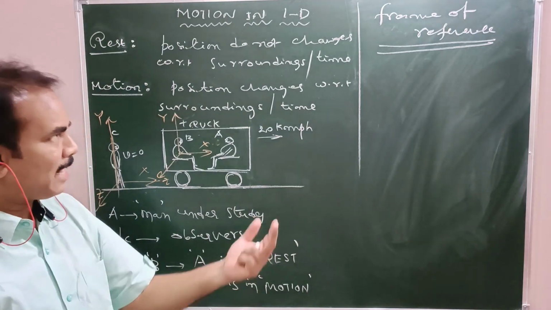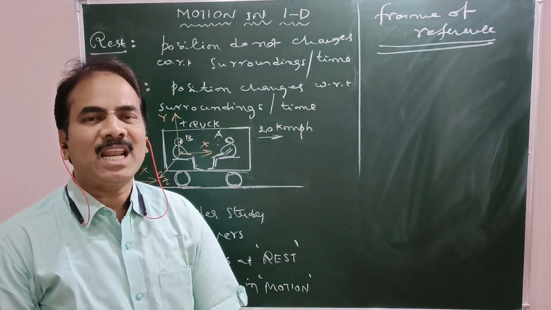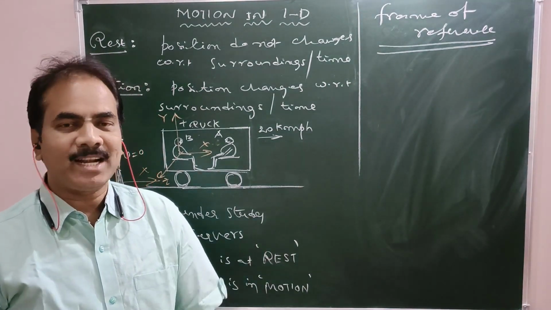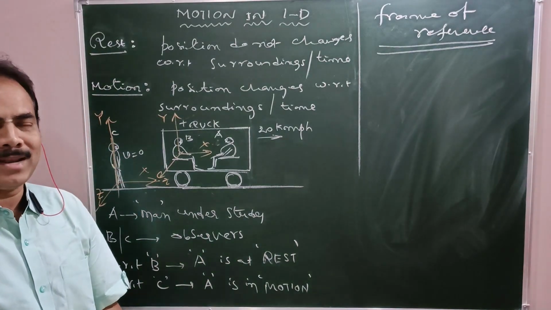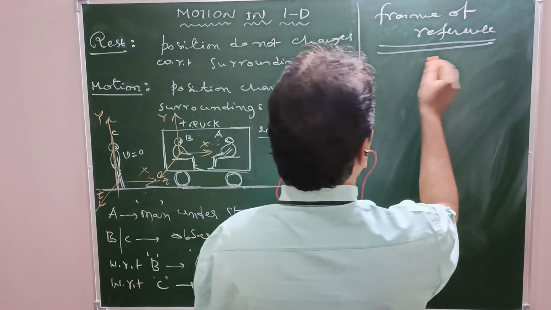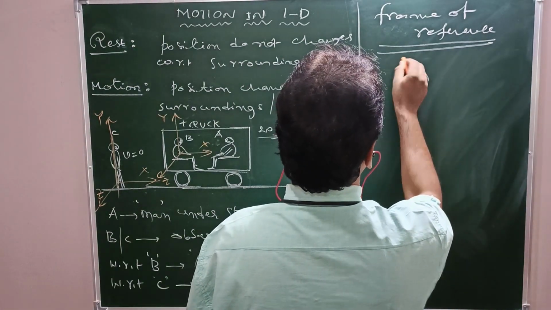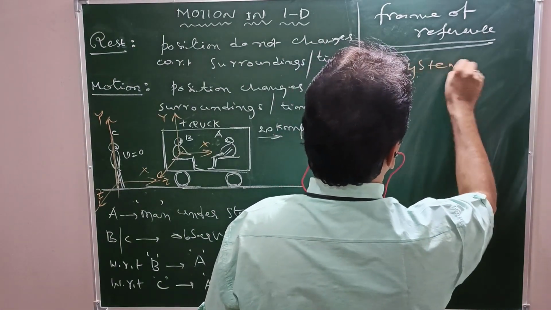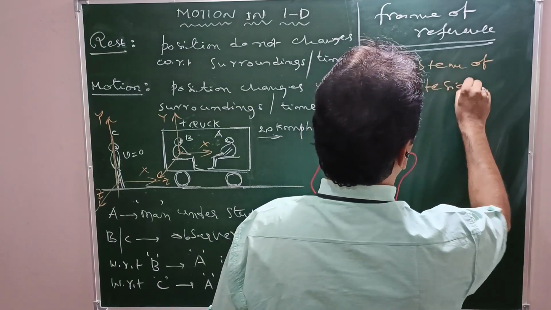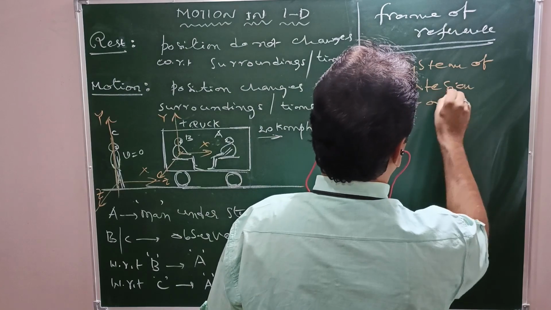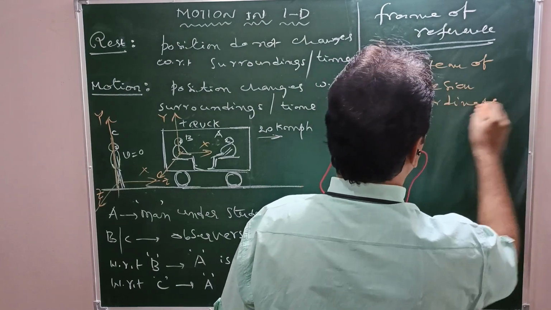Nothing but a background from which observations are made. Usually it is a system of Cartesian coordinate axes. Am I right?